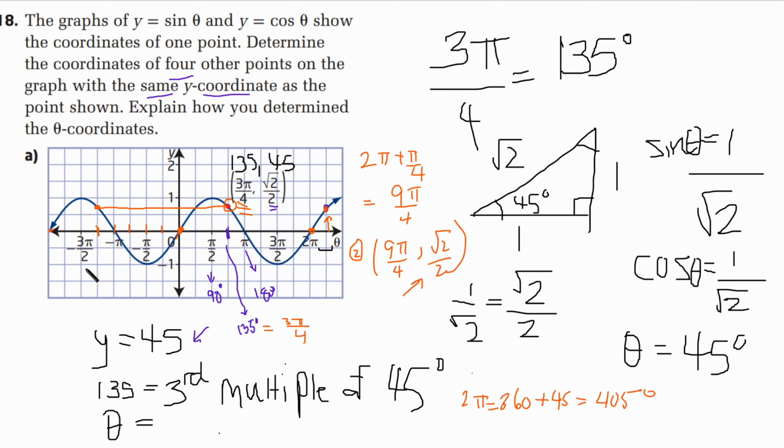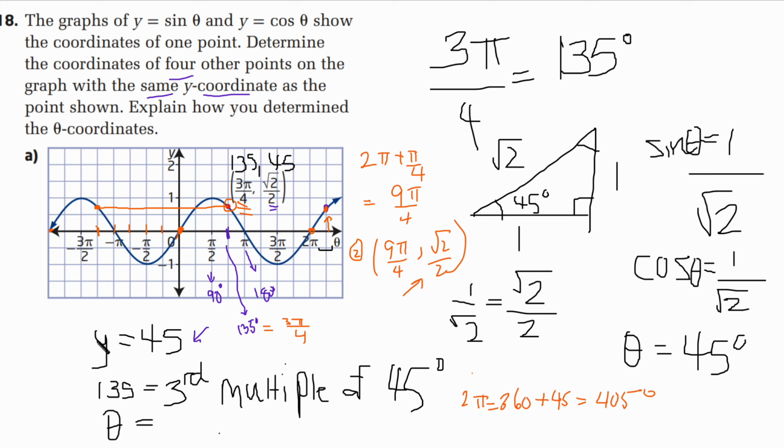Oh, so 3 pi over 2. 270 and 180. That seems to be 225.